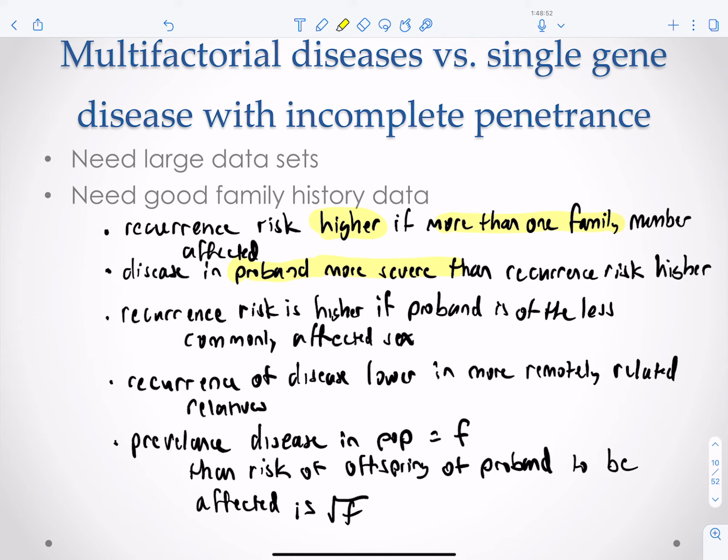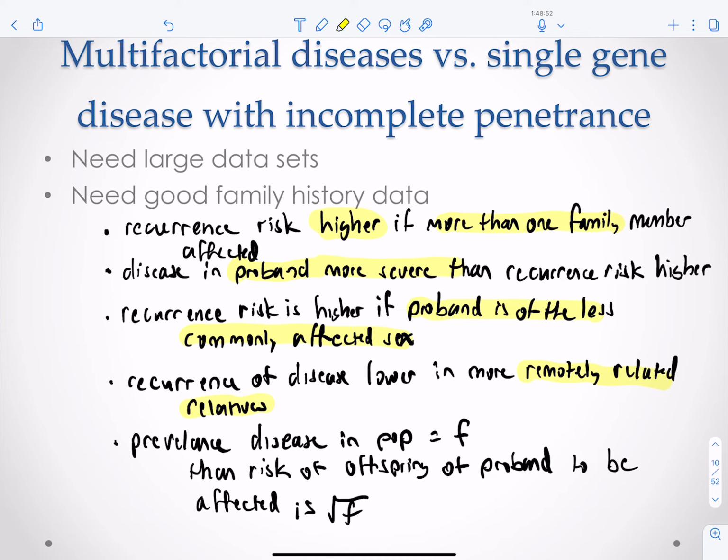In addition, if the proband is the less commonly affected sex, so again, we go back to pyloric stenosis, if the proband is a female, then the recurrence risk of the first-degree relatives is going to be higher. If you have remotely related relatives, second-degree, third-degree relatives, who have pyloric stenosis, but none of your first-degree relatives do, then the recurrence risk of the disease in your particular first-degree grouping is going to be lower.